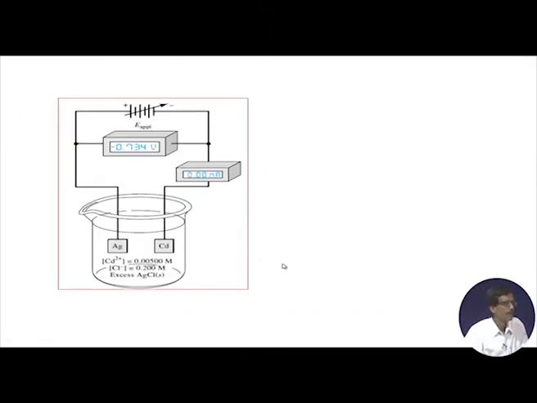So, we have a cell with the silver chloride electrode on the left and cadmium on the right, with the values I mentioned. The cell will try to measure the potential of minus 0.73 volt as calculated. But if we look in the circuit at the ammeter, which measures the current passing through the circuit, it reads 0.00 milliampere.